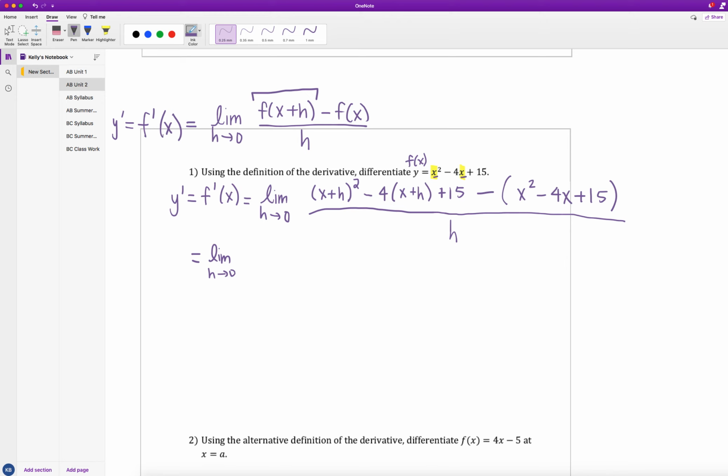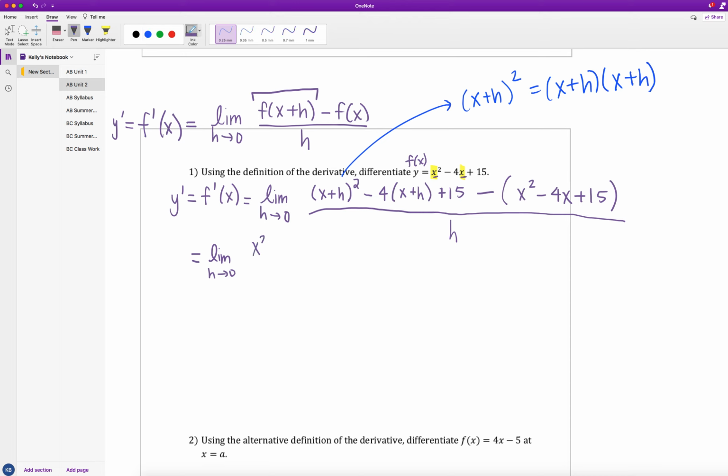The algebraic manipulation I'm going to do is honestly to multiply everything out and see what like terms I can combine. So to FOIL the x plus h squared out, remember, a little side note here, x plus h squared is the same thing as x plus h times x plus h. I don't just square each term, I have to FOIL that whole term out.